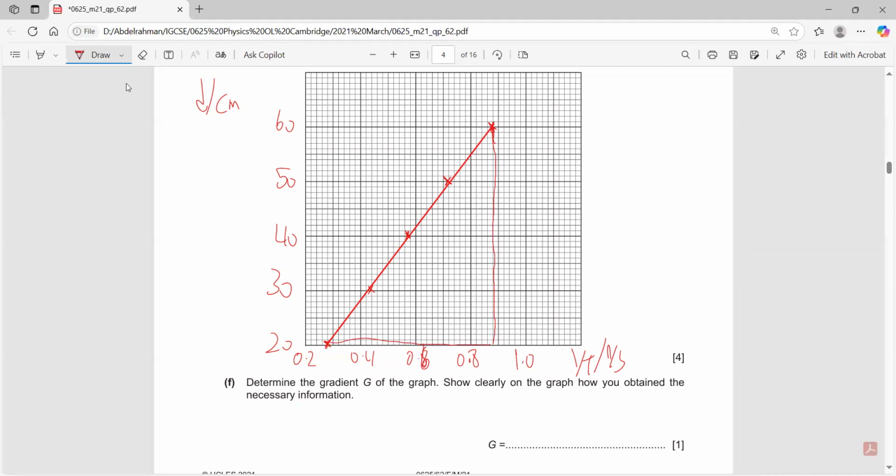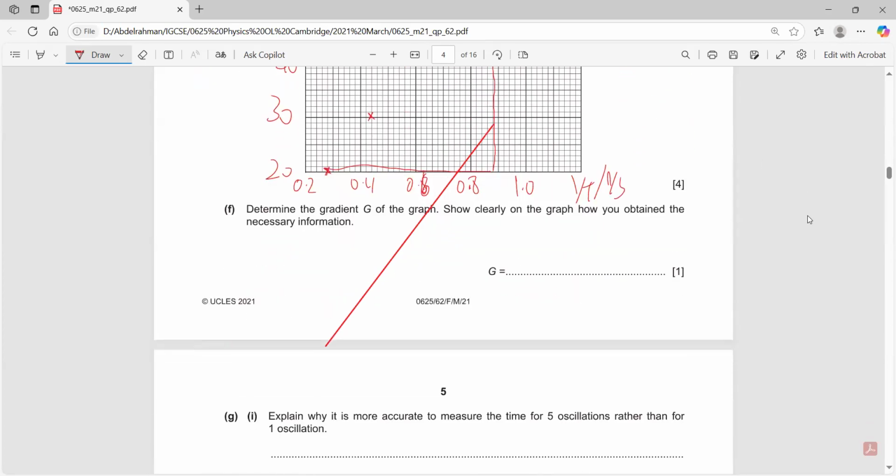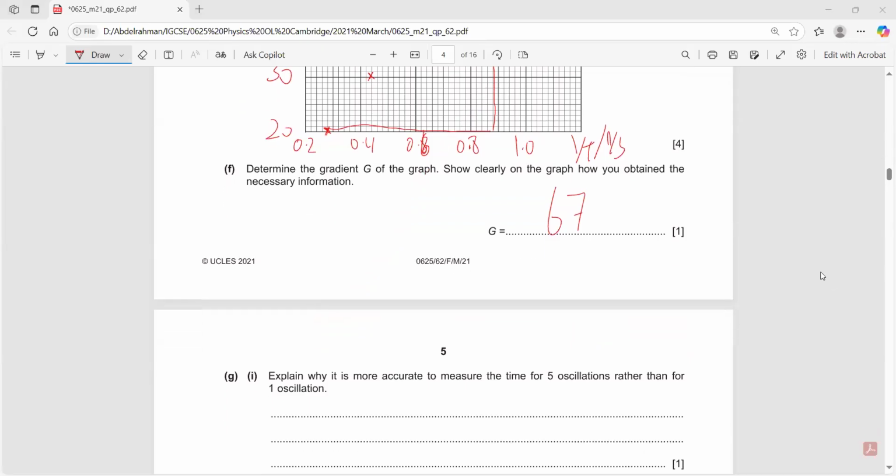If I pick these two points, the gradient is rise over run: 60 minus 20 over 0.88 minus 0.28, which is 66.666, or you can say 67. This is the gradient. I'll remove this line. Okay, this is the gradient, 67.